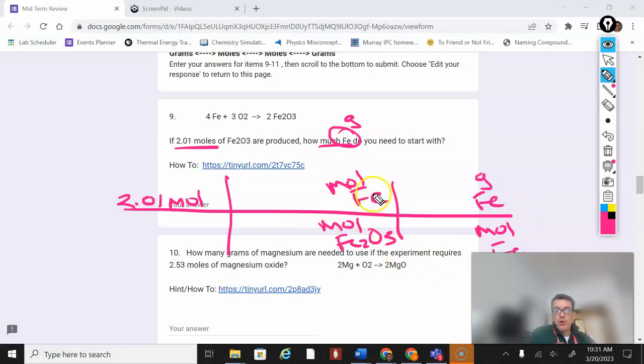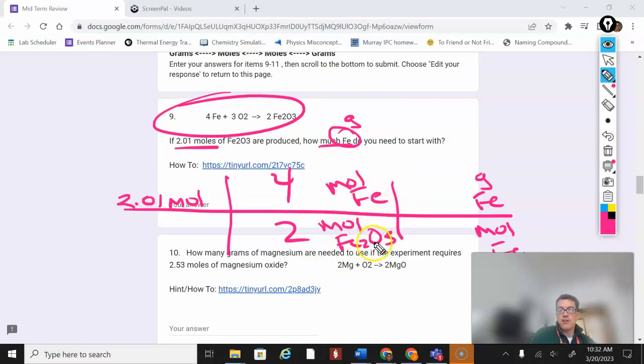Moles over mole, this is our molar ratio. This is where we need to get our numbers from the periodic table. There's a 4 in front of the Fe. There is a 2 in front of the Fe2O3. So I got 4 over 2 because I need twice as many moles of iron as I have iron oxide. This is my molar ratio. Then molar mass: 1 mole is going to be 55.85 grams.